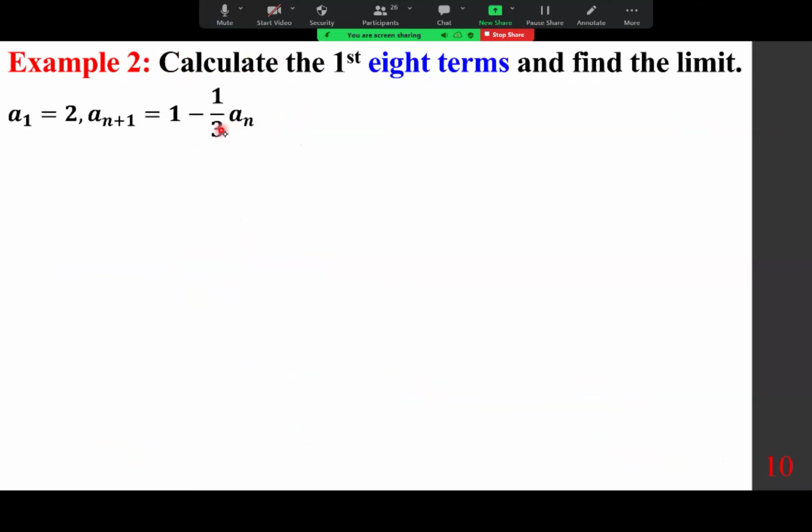All right. We are asked to calculate the first 8 terms and find the limit. So the first term is 2. Don't have to do anything. And a sub n plus 1 is 1 minus 1/3 a sub n. This is the general term. So the next one is a sub 2.